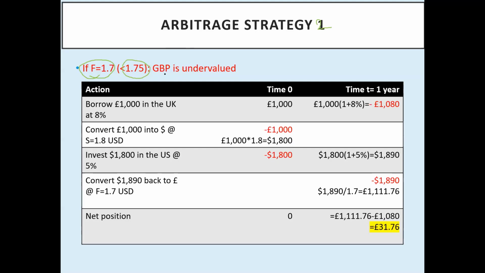As a result, one way to look at this problem is to say the pound looks like it's undervalued. So in this case, the pound is undervalued relative to the USD, and so I'm going to be borrowing in the pounds, so borrowing in the UK, and then I'm going to be investing in the USD.